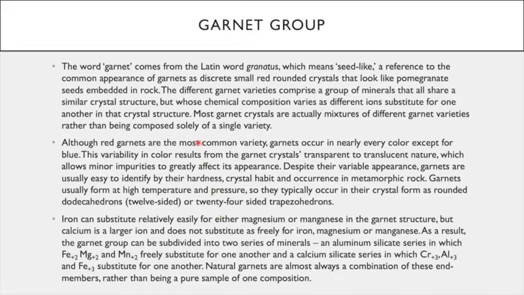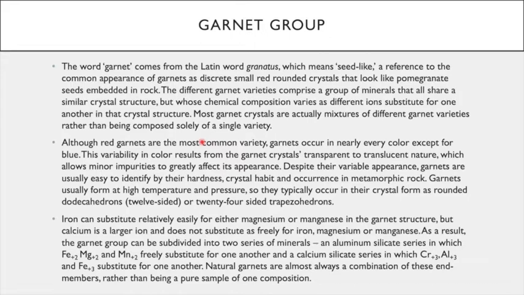The different garnet varieties comprise a group of minerals that all share a similar crystal structure, but whose chemical composition varies as different ions substitute for one another in that crystal structure. Most garnet crystals are actually mixtures of different garnet varieties rather than being composed solely of a single variety.